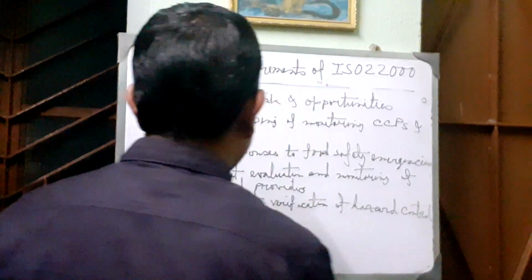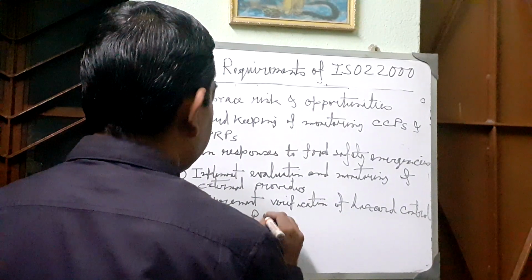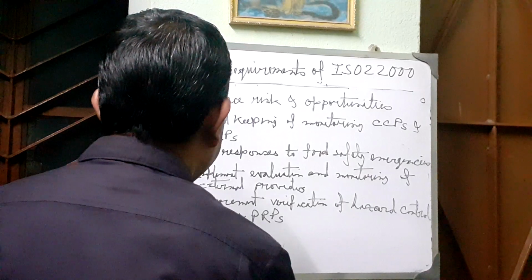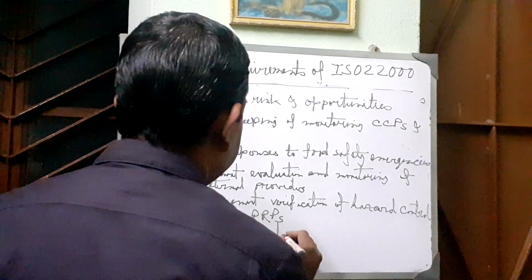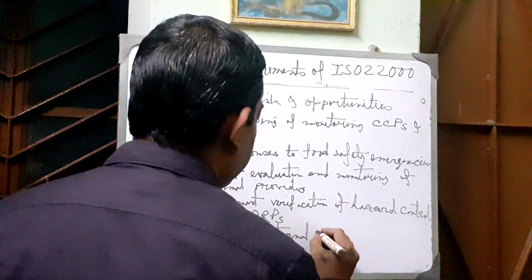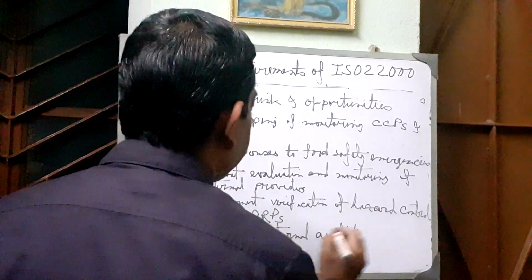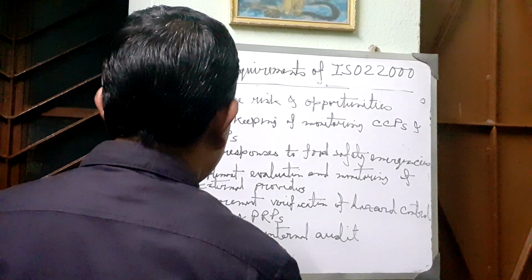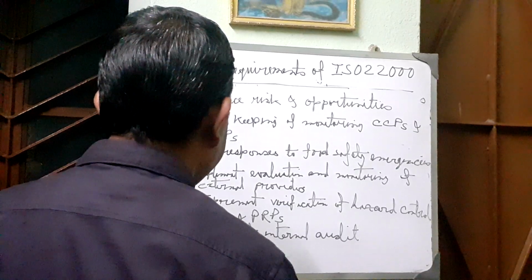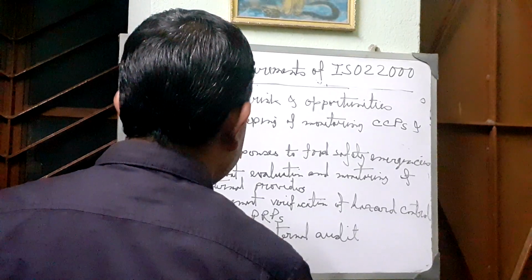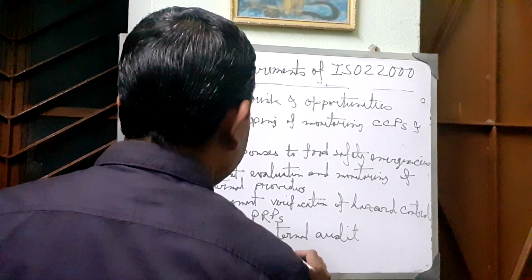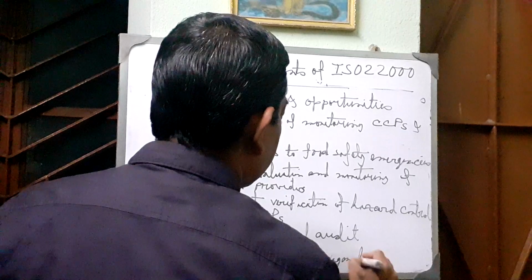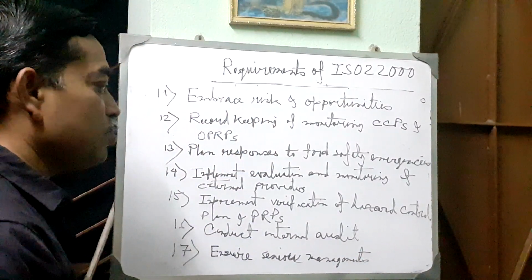The 16th point is conduct internal audit for the food safety management system. And the 17th point is ensure senior management strategically reviews the food safety management system.